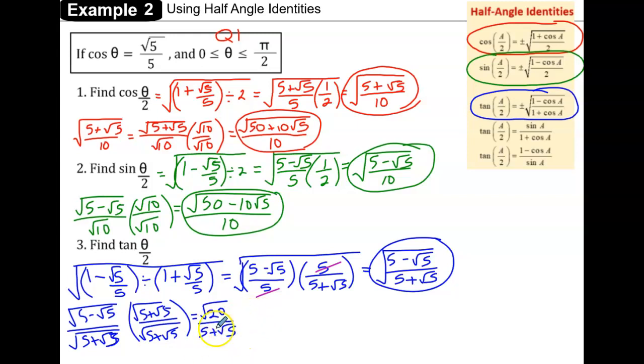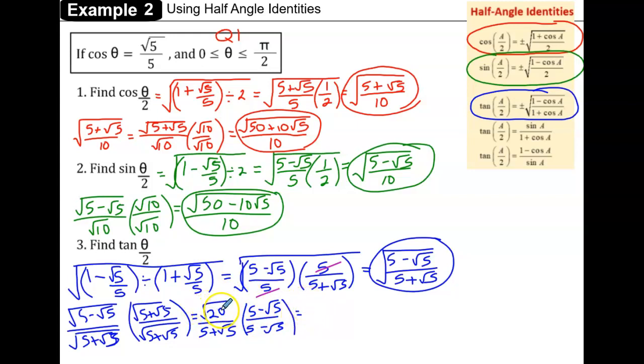Then we need to rationalize the denominator a second time, and that's a binomial denominator. So we multiply the top and bottom by the conjugate, which is 5 minus the square root of 5. And then in the numerator, when we distribute, we're going to have 5 square root of 20.